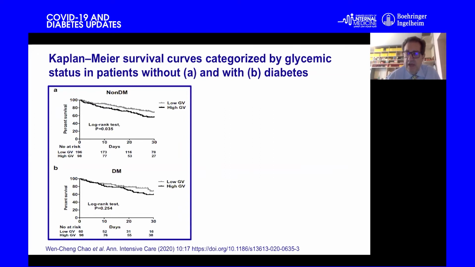So at the end of the day, what we see in terms of hyperglycemia effects, meaning high fasting glucose at admission, glucose variability, and so on the prognosis is not new at all. We already knew this in any acute situation, and particularly during sepsis.